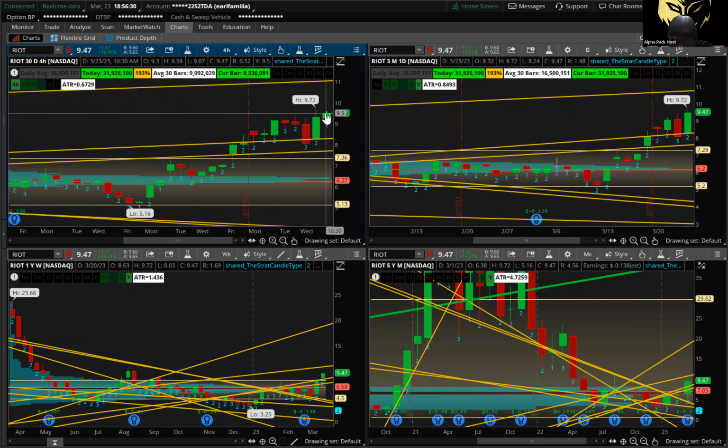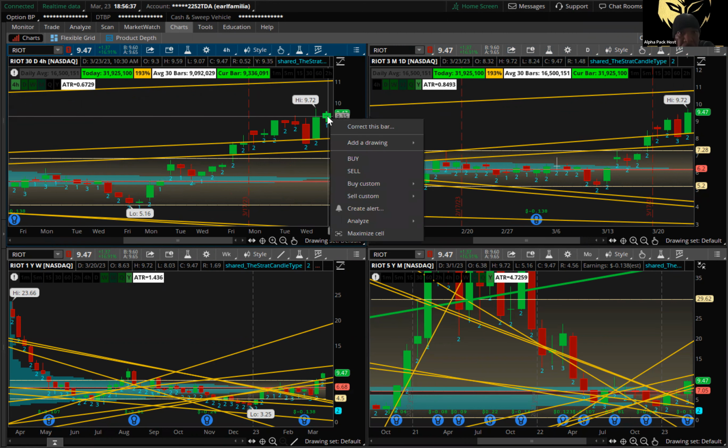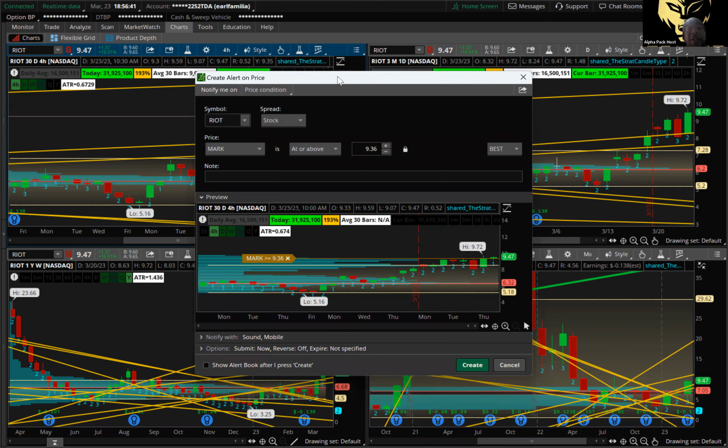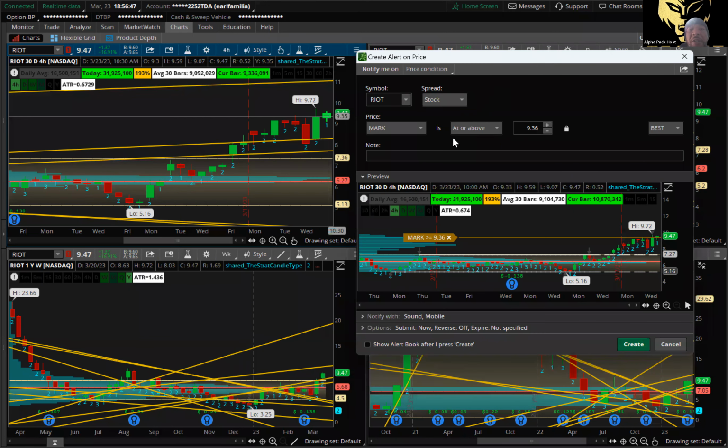So I'll be taking a look at Riot tomorrow as well. I've just been monitoring it this week. I haven't taken any trades on it, but I've been watching the price action. Riot and Mara, just depending on what your cup of tea is. I haven't looked at Mara yet. We'll see if that one holds. But yeah, this Riot looks solid.